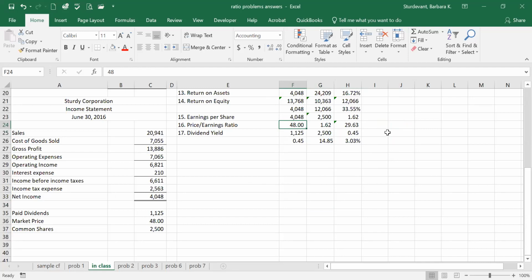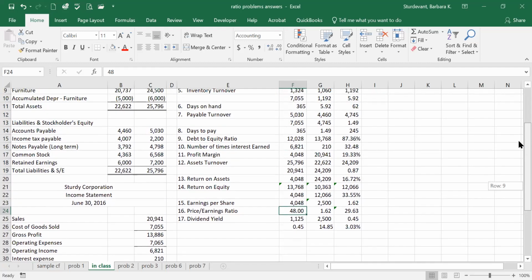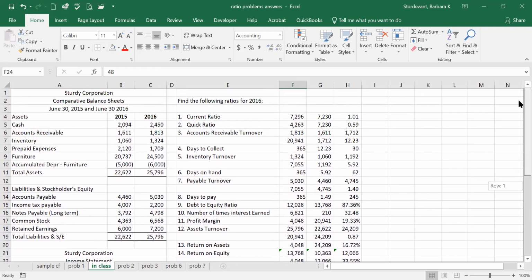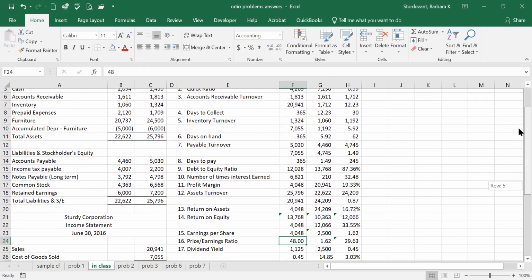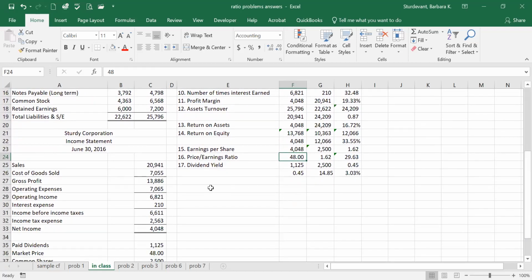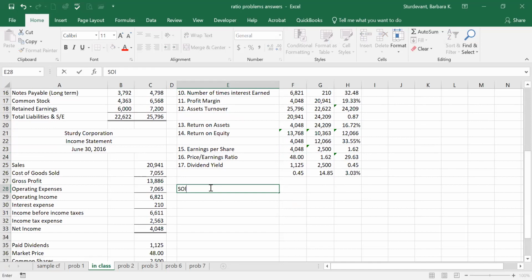Okay, so scroll back up. All right, let me add one down here. Okay, so I'm going to go down to the solvency ones and we'll add some stuff here.